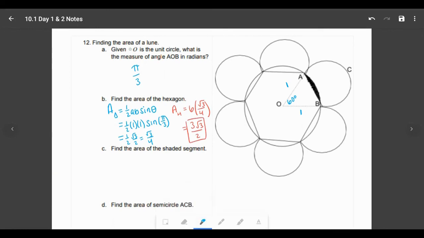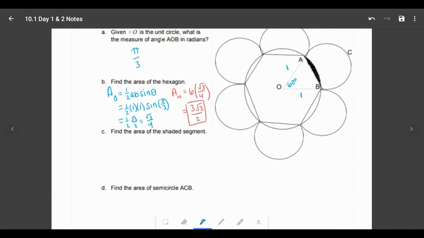Okay. So now in part C, we are to find the area of this shaded segment. Now, the shaded segment is the difference between the sector of the circle, so sector between AOB, and the area of that one triangle AOB.